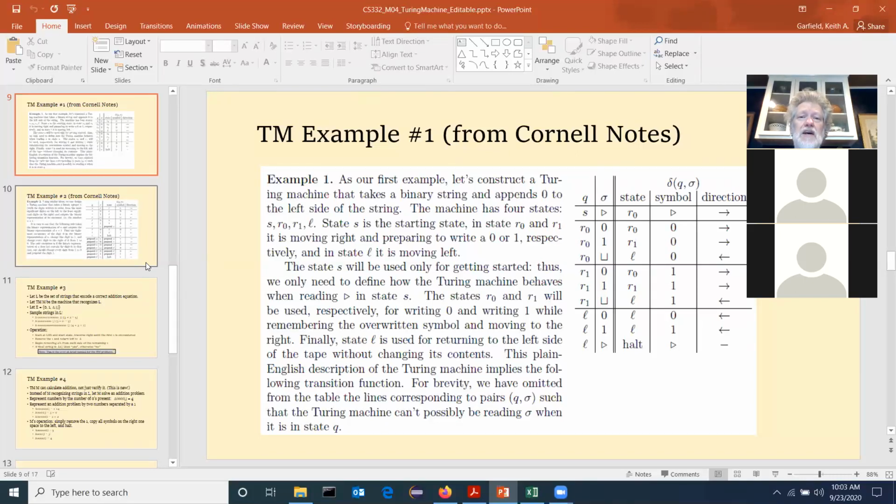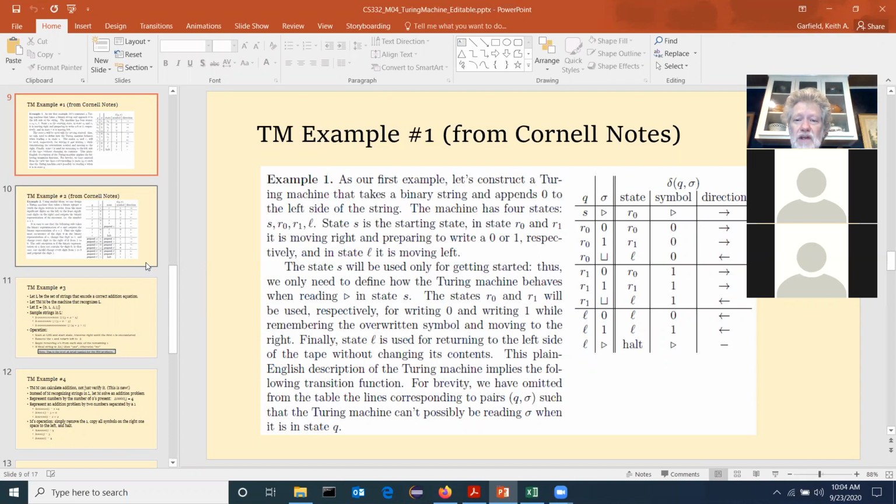They do it all at one time. They start out by putting a 0 at the front and then remembering what it was that they just wrote over, and then moving 1 to the right, and whatever they had before, a 0 or a 1, they put that in the cell to the right. But then they remember what they were looking at again, and they move 1 step to the right, put that there, remember what they overwrote, move 1 step to the right, and they do that all the way down to the end.